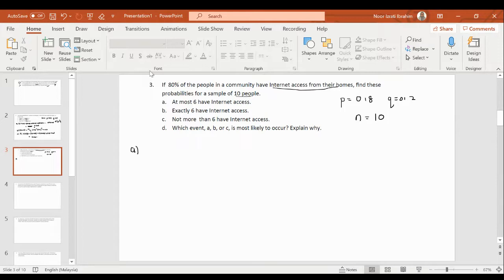For A, at most 6 have internet access means the probability when X is maximum 6, less than or equal to 6.